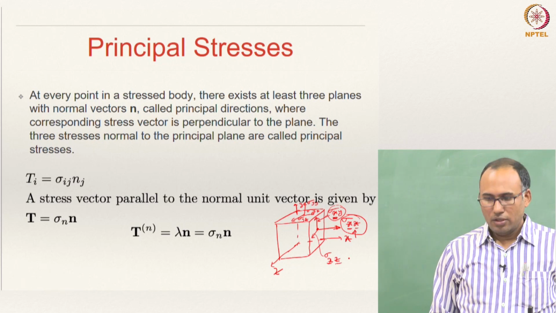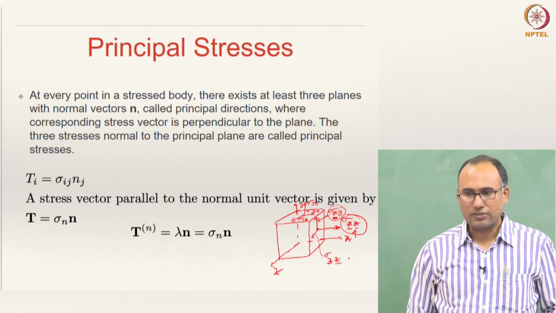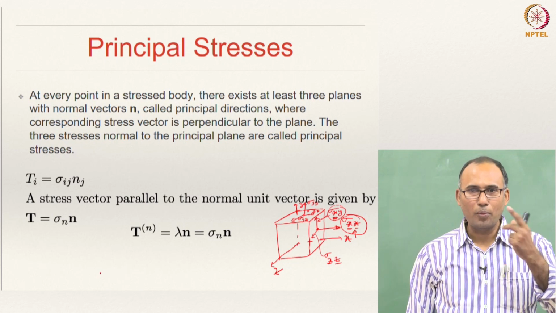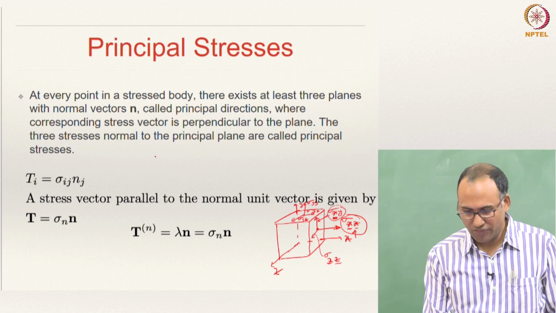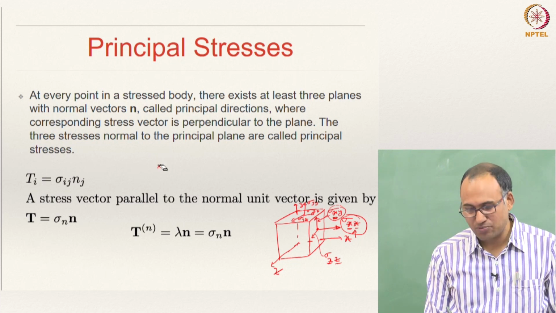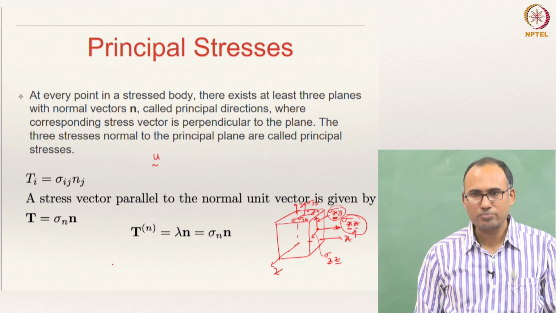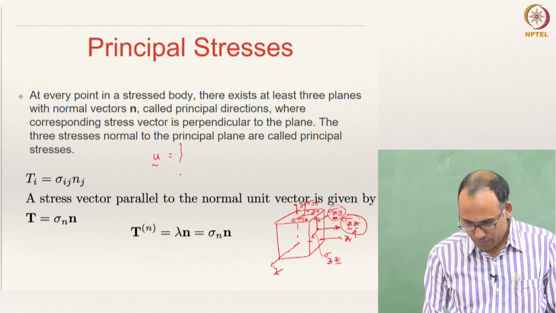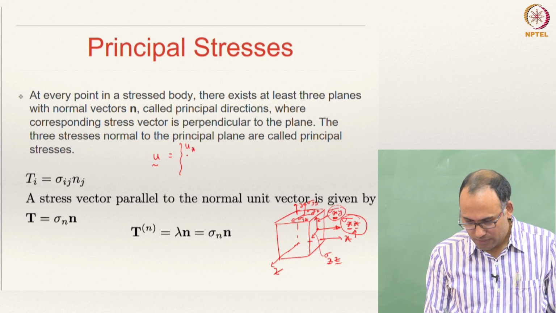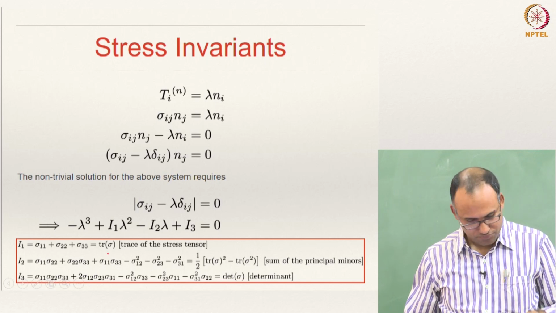So, if you take velocity for instance, the velocity vector will have how many components in 3D? 3 components. So, if I say this is my velocity, or let us say displacement, u is my displacement, with a tilde to represent that it is a vector, I can write ux, uy, uz.